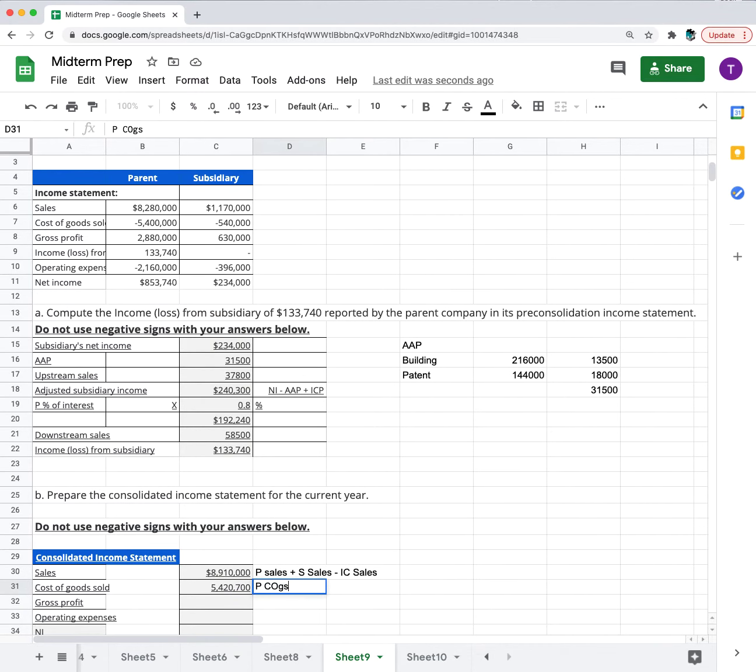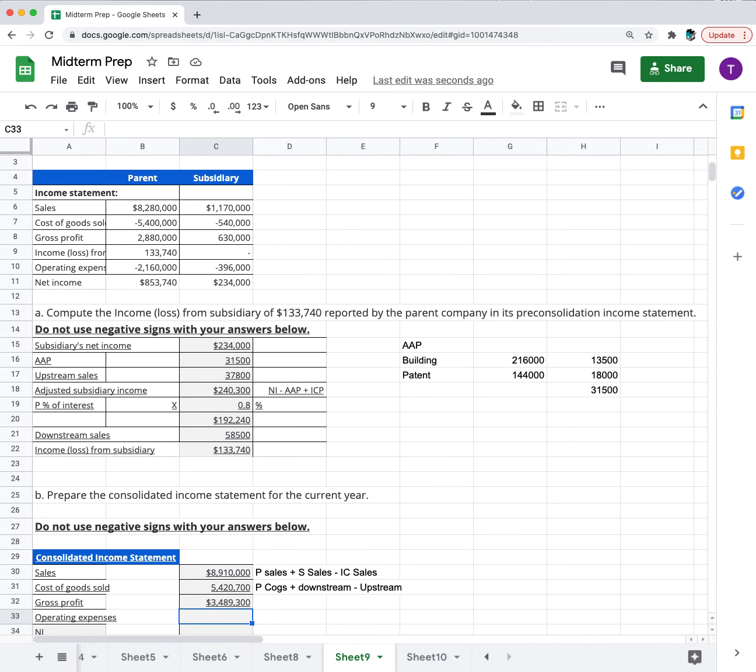So we have our parent COGS plus the downstream minus the upstream. And then we can subtract the cost of goods sold from the sales to get gross profit of $3,489,300.